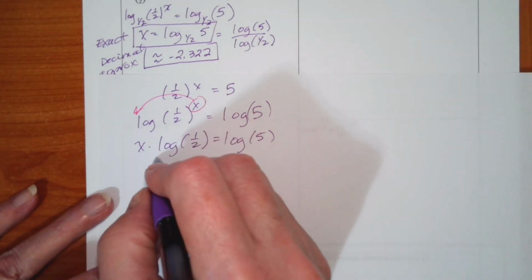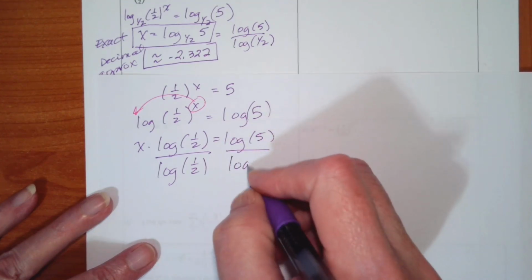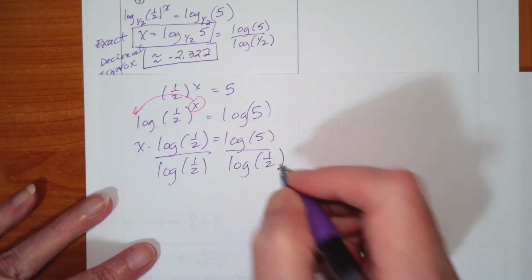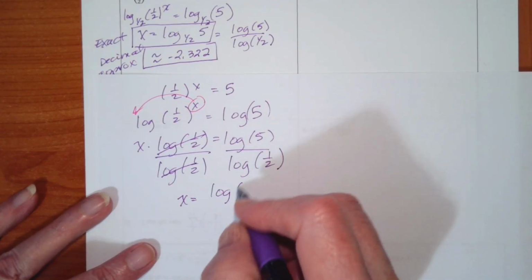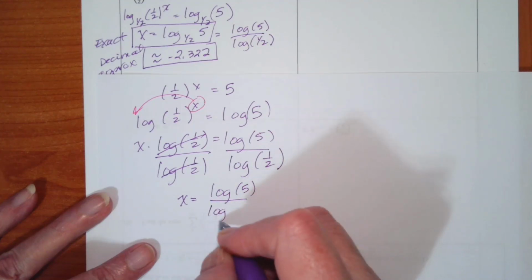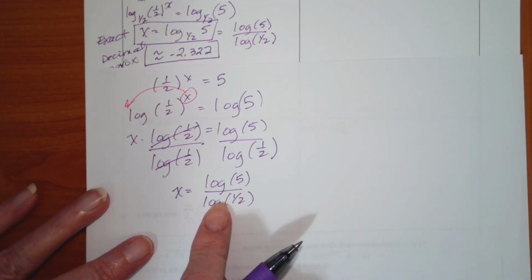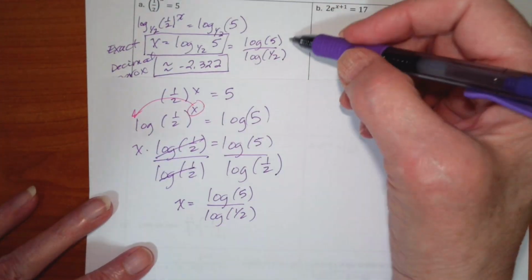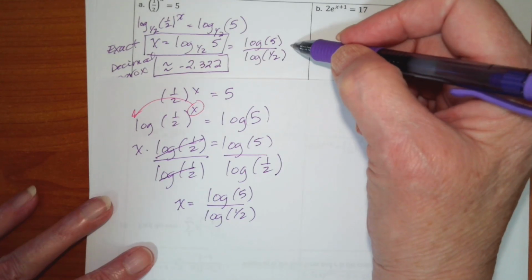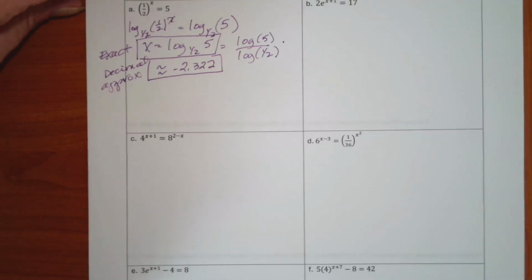So to get x, I'm going to divide both sides by the log of 1/2. So x equals log of 5 divided by the log of 1/2. Now, do not confuse this with something that you can condense or expand. But notice, either way you do it, you get the same thing. So whatever you're comfortable with, there's not any one way that's right or wrong.